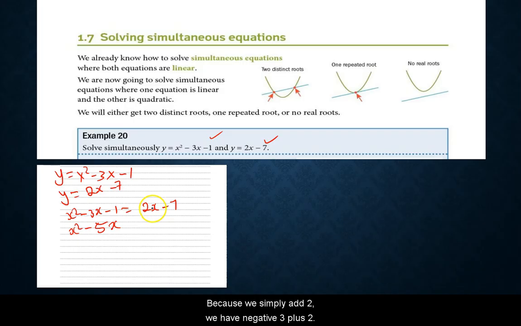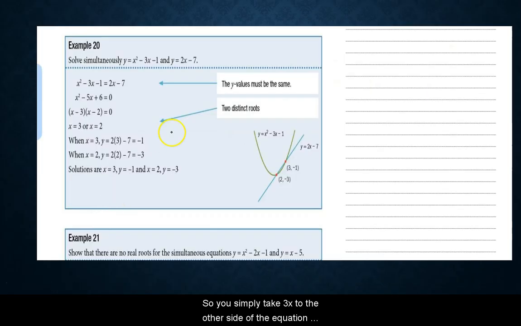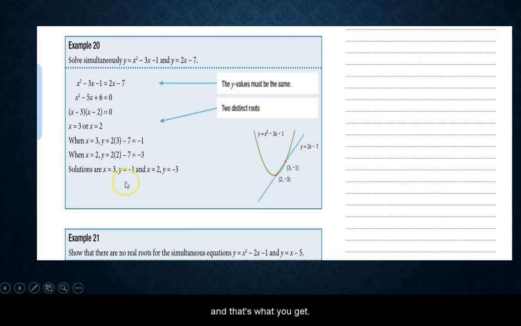Because we simply add 2, we have negative 3 plus 2. So you simply take 3x to the other side of the equation, and that's what you get.